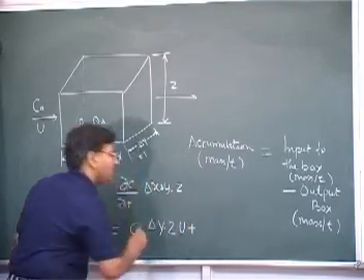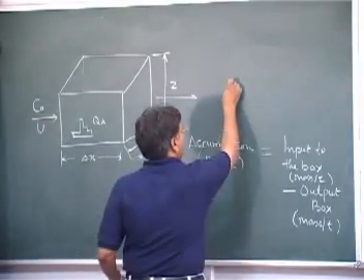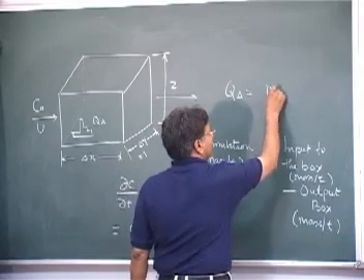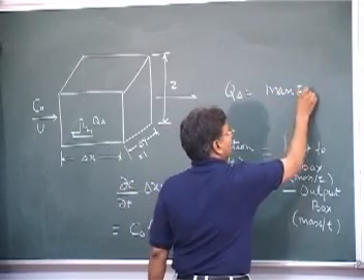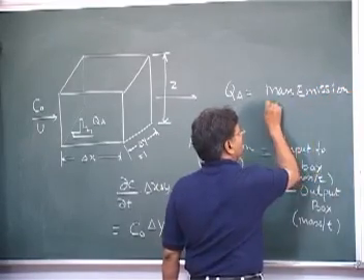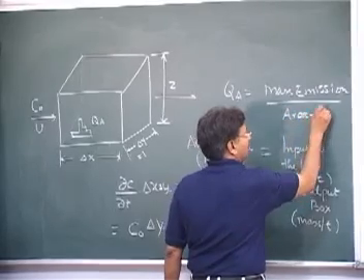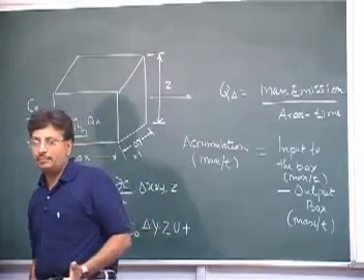What else is the input? QA, and let me define QA as the mass emission of whatever the pollutant is per unit area per unit time.